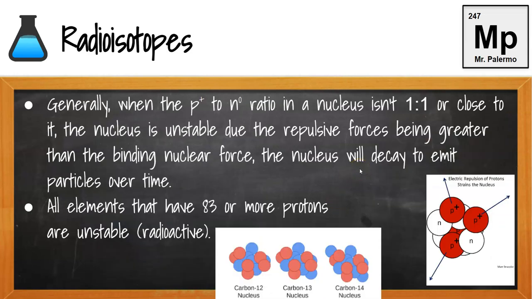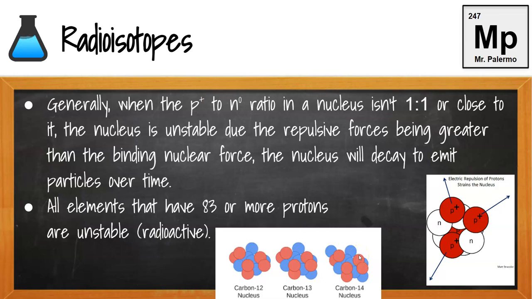Generally, when the proton to neutron ratio in a nucleus isn't 1-to-1, or at least close to it, we can deem the nucleus unstable, aka radioactive, due to the repulsive forces of the protons being greater than the binding nuclear force. The nucleus will then decay and emit particles over time, and that is our radioactive decay. For example, carbon-12 and carbon-13 are fairly stable and considered not radioactive, whereas carbon-14 is unstable and radioactive because of the increased number of neutrons and that ratio not being close to 1-to-1.